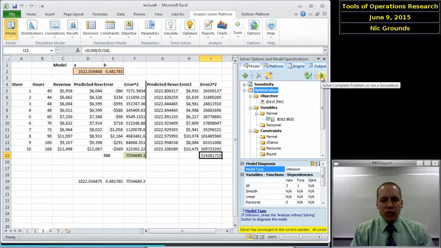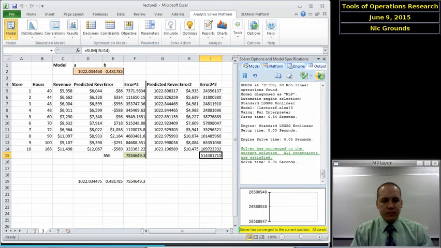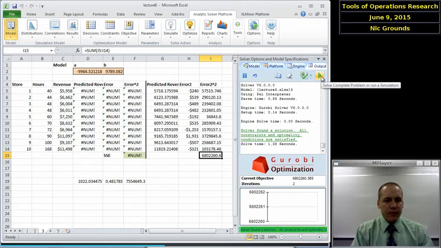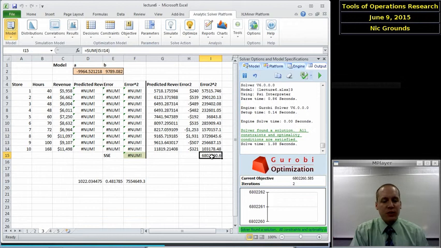Okay, and now I can run. And what it's found is using a negative A value and a very positive B value, it's found some suitably optimal, something it believes is optimal, sum of squared errors.